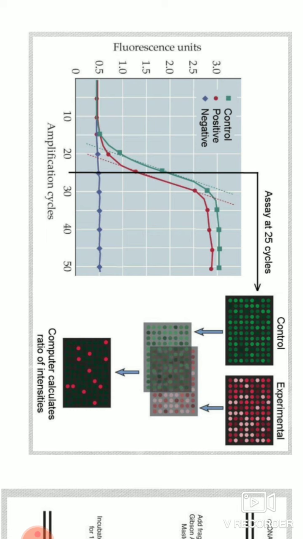When you expose it to UV, you can selectively see glowing DNA bands. You can think of a similar principle here. One example I will try to give is SYBR Green. Imagine SYBR Green is an EtBr kind of dye which intercalates or binds to double-stranded DNA.